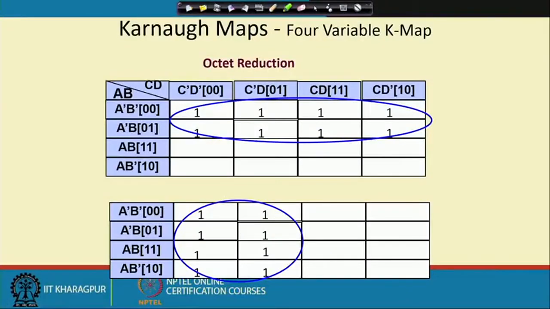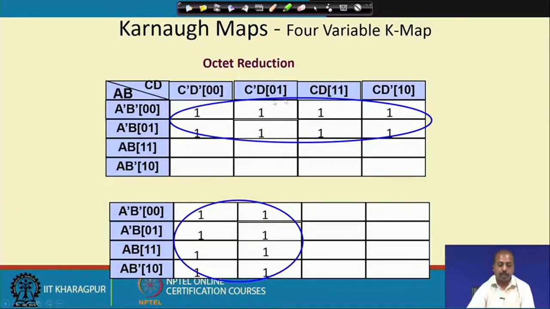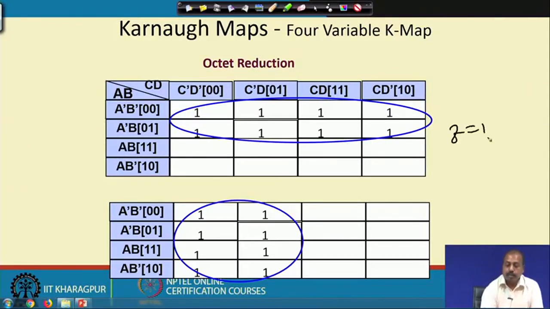So, this is the octet reduction. This is one possibility, this is another possibility. Okay. So, we can make groups like this or groups like this. Of course, what will happen if all the values are 1, like if I have the Boolean function f equal to true. So, f equal to 1, that means in that case all these are 1s.